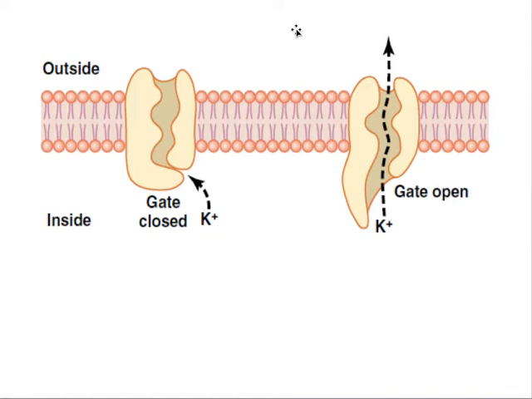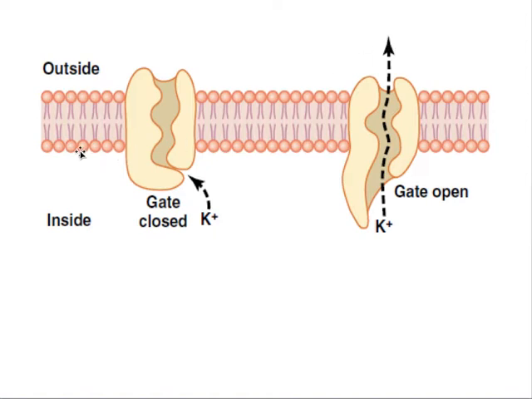Now there is another example of voltage gating. Here you can see that the potassium gates are on the intracellular end of the potassium channel, and they also open when the inside of the cell membrane becomes positively charged. And when they open, they allow the outflux of the potassium ion to the outside.